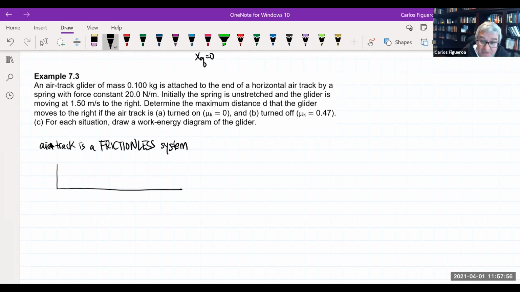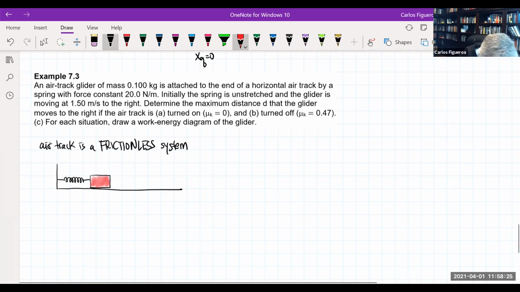Initially the spring is unstretched, but it's moving to the right. So I imagine that I have a spring, and attached to it is my glider. Let's say this guy's going to sport a red color today. Okay, there's my glider.